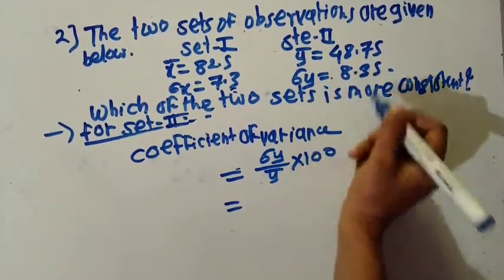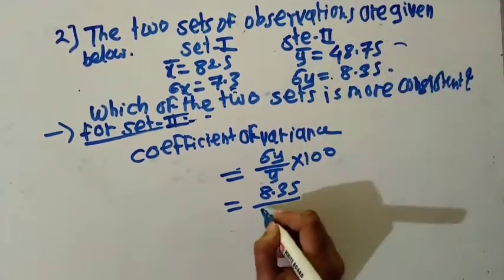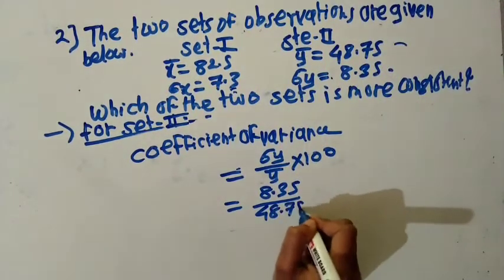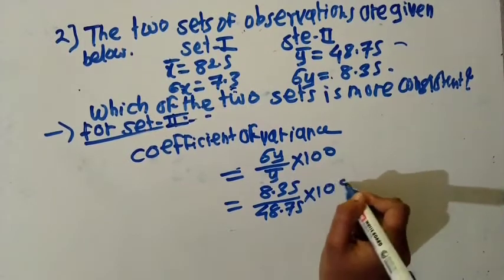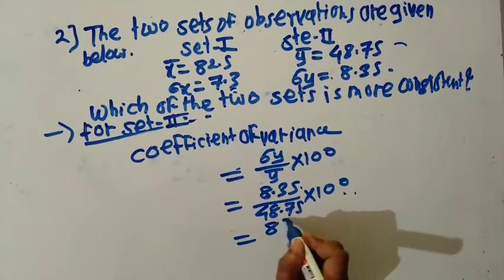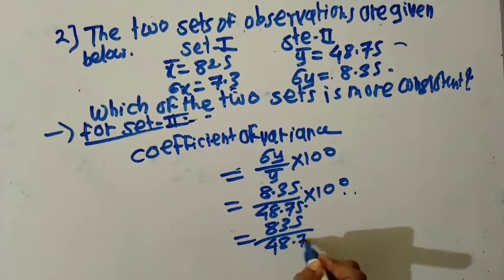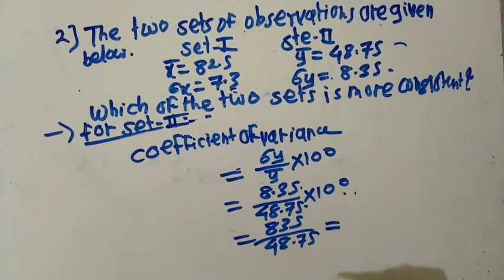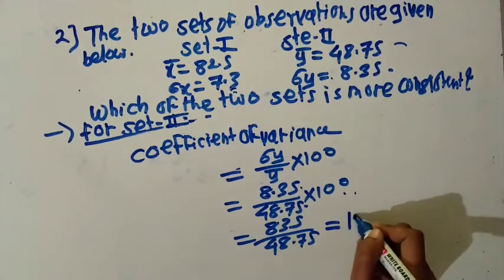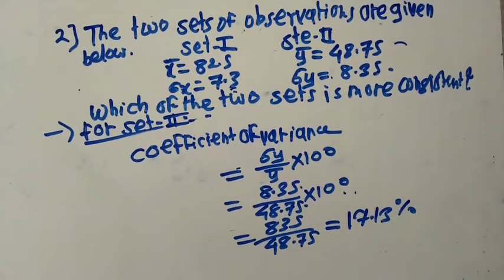Means sigma y is 8.35 upon y bar, which is directly given, into 100. So 8.35 into 100 is 835 upon 48.7, and this division is 17.13%.